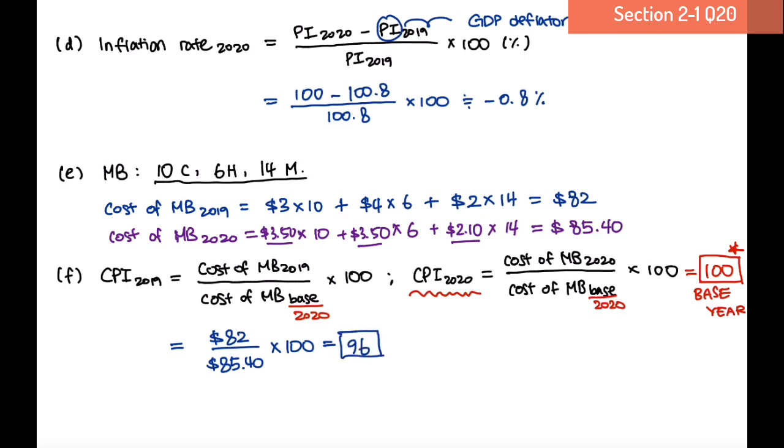So if we were to compare the two numbers for the CPI, then what we can see is that because the CPI for 2019 is lower than 2020, prices are lower for 2019.